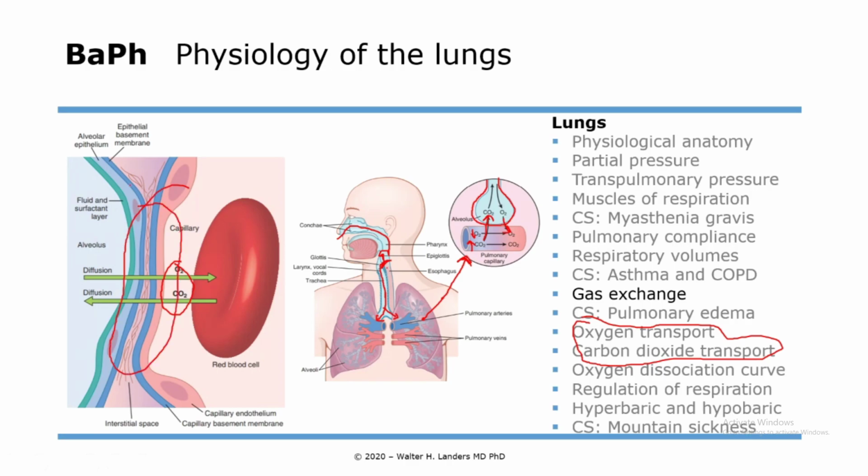This layer consists of several things: epithelium with a basement membrane. Epithelium is a type of tissue, but luckily gases like oxygen and carbon dioxide can freely flow through that to some extent. Carbon dioxide goes faster.